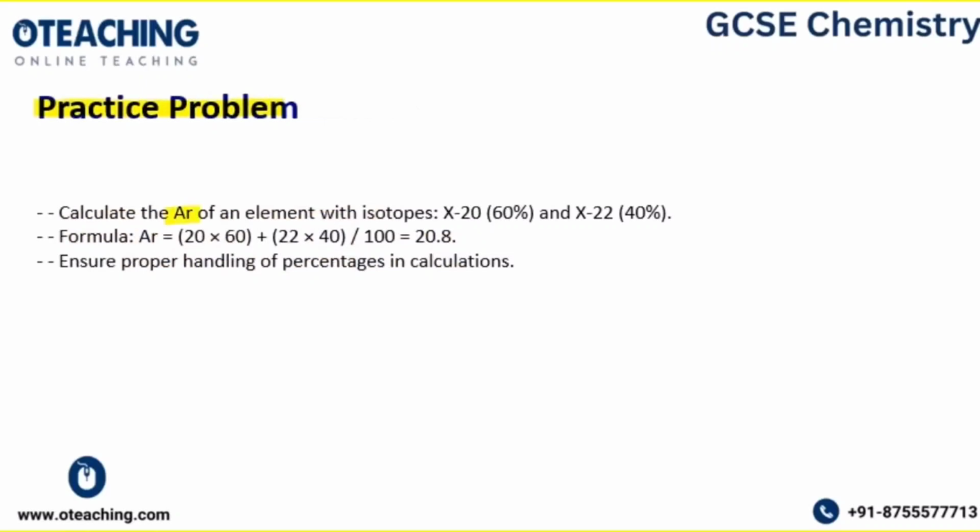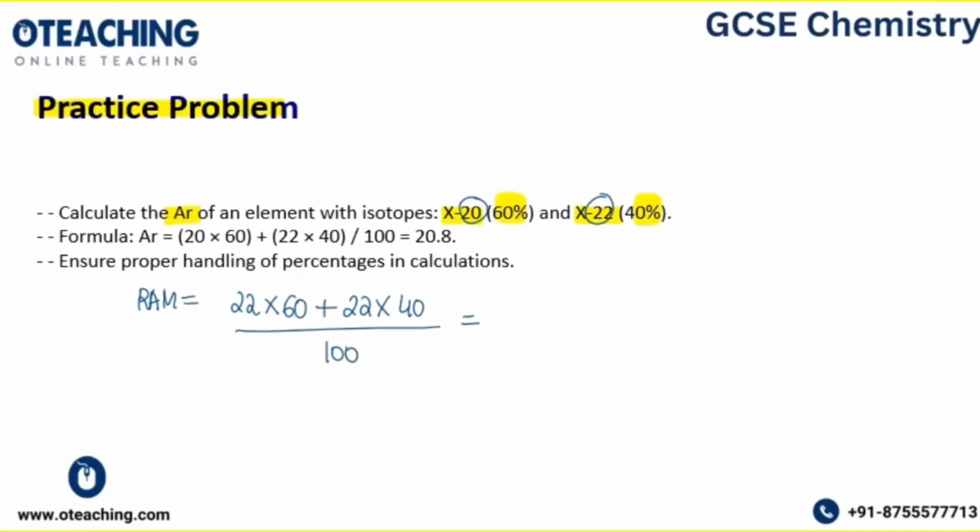We need to calculate the relative atomic mass of an element with isotopes X20 and X22, and their percentages are also given to us. So, RAM would be equal to mass 20 of first isotope and its percentage is 60, plus mass 22 into percentage 40, upon 100.